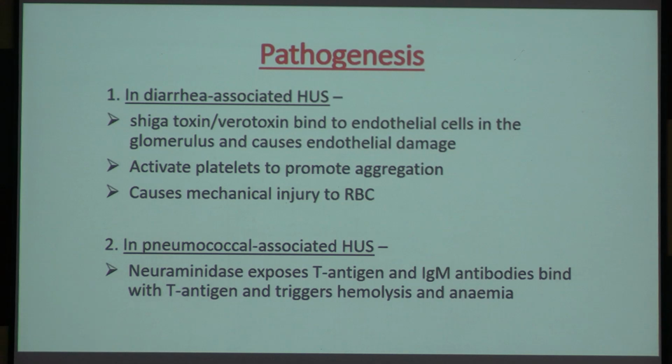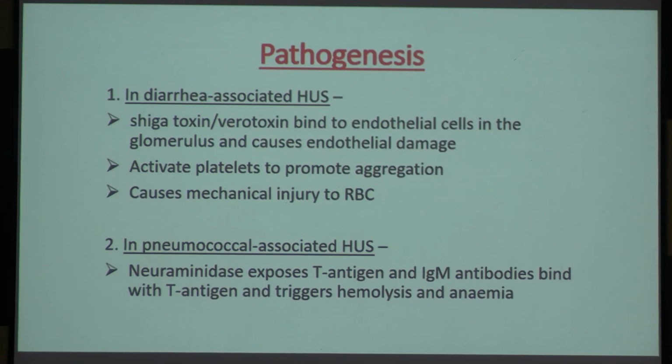So, that leads to AKI, acute kidney injury. Then it activates platelets to promote aggregation, that will cause thrombocytopenia, and causes mechanical injury to RBC, that will cause hemolytic anemia. So, HUS is the triad of anemia, thrombocytopenia and renal injury.